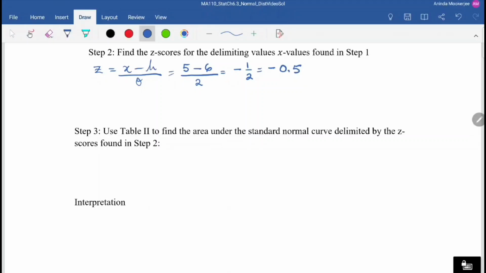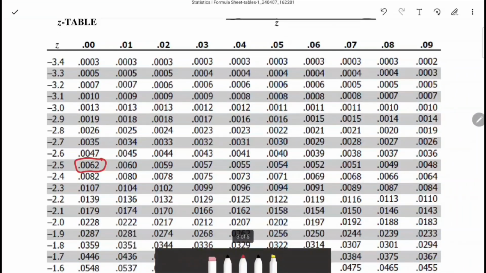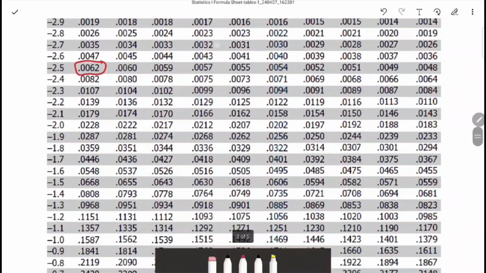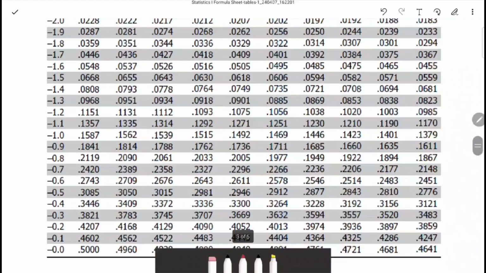All right, so let's go to the table. We are on the negative section of the table. So negative 0.5 has area 0.3085. So this is the area. However, this is the area to the left of negative 0.5, isn't it?